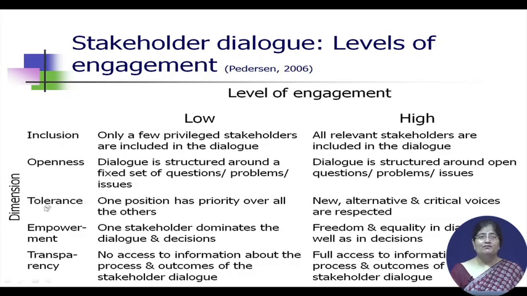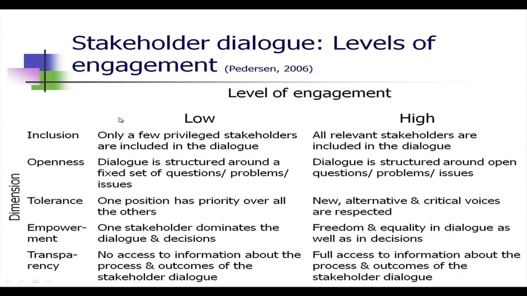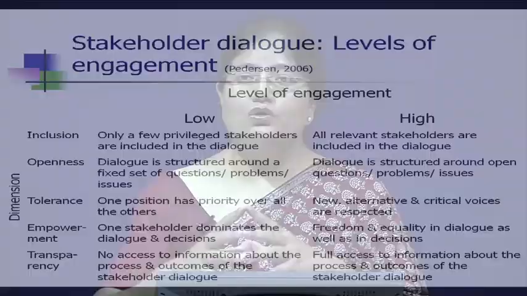So on the dimension of inclusion, at a low level of engagement, only a few privileged stakeholders are included in the dialogue. So low level of inclusion indicates that only a few very privileged stakeholders are selectively included in the dialogue.